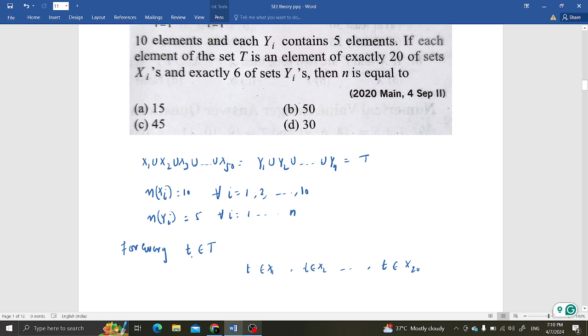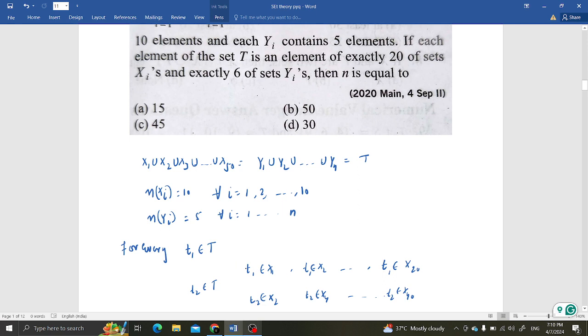It may be possible that this is the first element T1. It may be possible that some other element T2 belongs to T, and T2 is in X2, T2 belongs to X4, up to so on, T2 belongs to X40. This is also in 20 sets of Xi's. Here T1 also belongs to 20 sets of Xi. It implies that T1 repeats 20 times, and T2 also repeats 20 times.